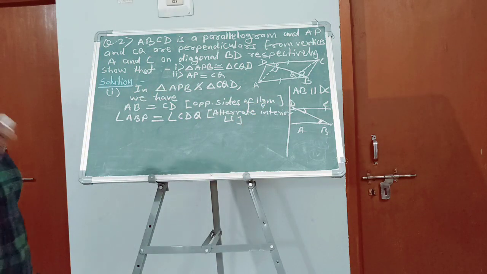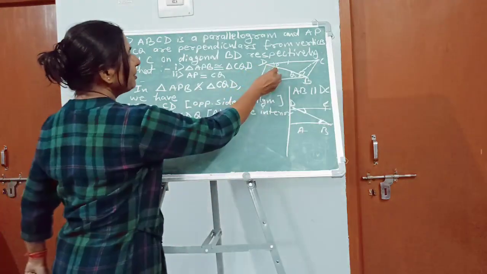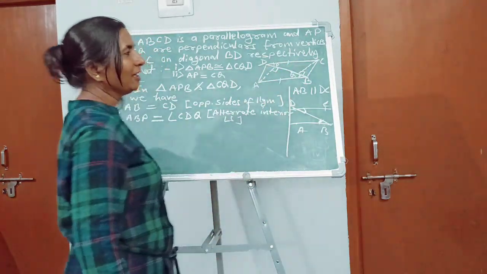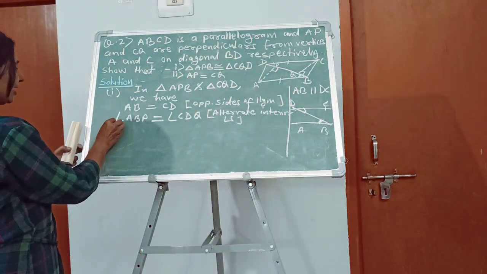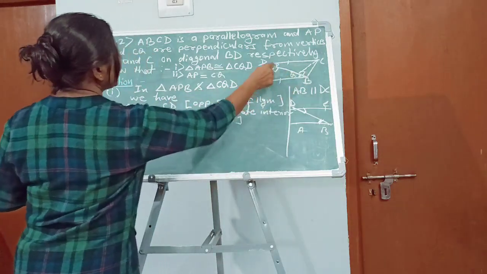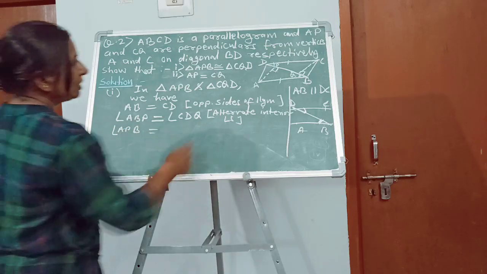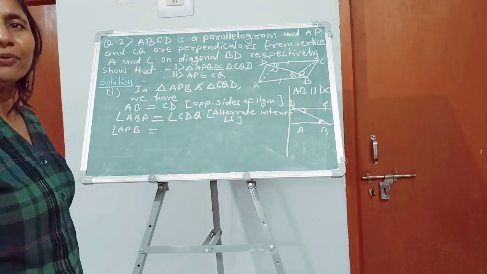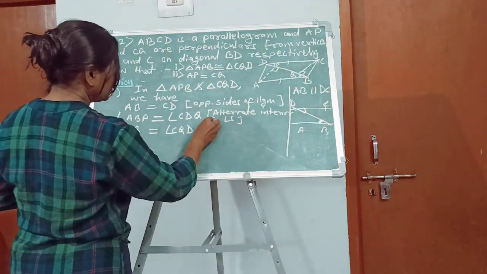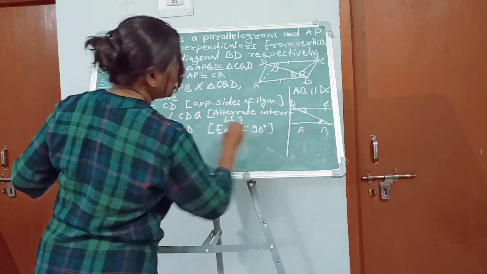Now one more thing. In the starting it is told you that AP is perpendicular. Means if this is perpendicular, this angle is 90 degree. Similarly, if CQ is perpendicular, this angle is 90 degree. So again we can write angle APB is equal to angle CQD, is equal to 90 degree.